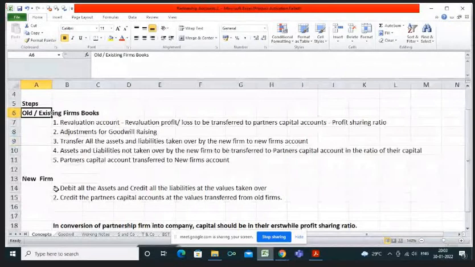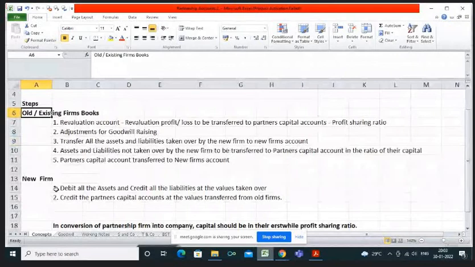He will debit all the assets and credit all the liabilities at the values taken over. And partners' capital account, he will not take it over. So the difference between sale and amalgamation lies in these 2 points. Partners' capital will not be transferred. All other steps are substantially the same.